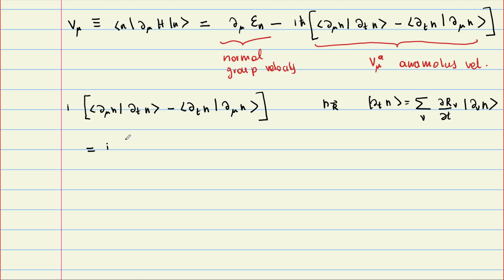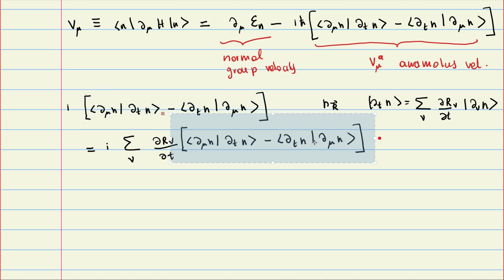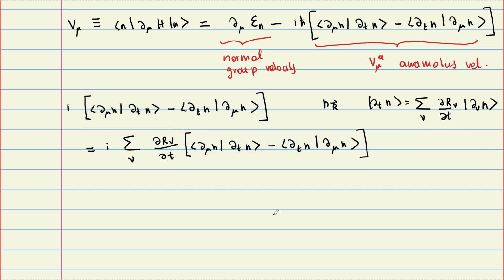So then this is going to be i, sum over μ, ∂R_μ/∂t times, let me just copy this, because the only change is that this t is going to be μ and this t is going to be ν.